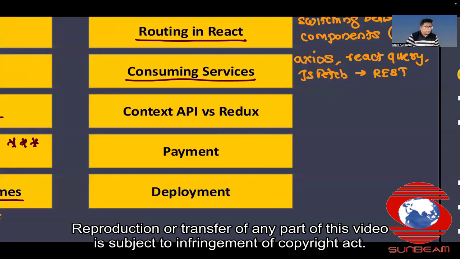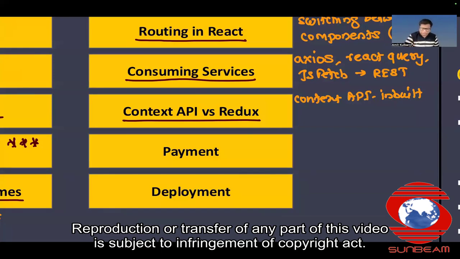Okay, fine. Next we'll talk about an important point, something called the context API and something called Redux. It is possible for us to share some data with multiple pages by using the context API, which is inbuilt. In a sense, you don't have to do any kind of installation for that.